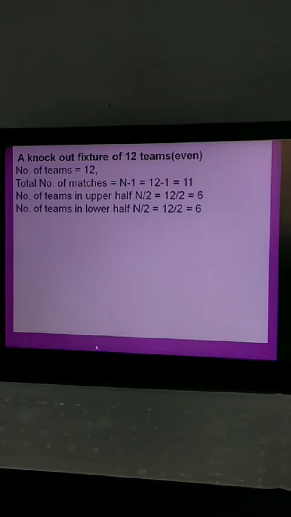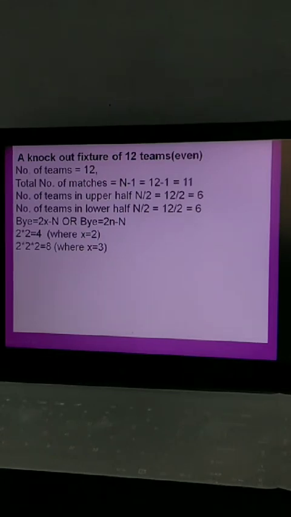Then byes equal 2 to the power x minus N, or 2 to the power n minus N. Both formulas are the same. So now we will calculate the powers. 2 to the power 1 is always 2.